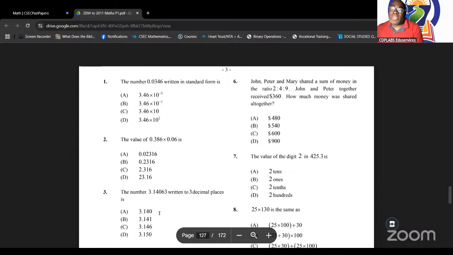In this case, the digit in the third decimal place would be 0, but the one that comes after that third digit is greater than 5. So they always say that you add 1 to the digit in the third decimal place. So therefore it would be, what's the answer you got?